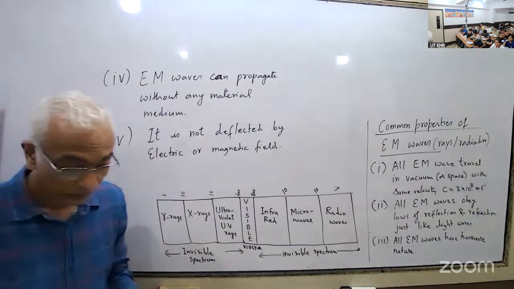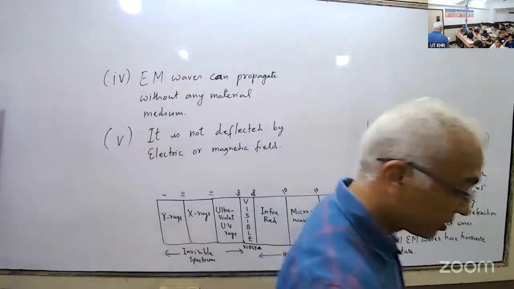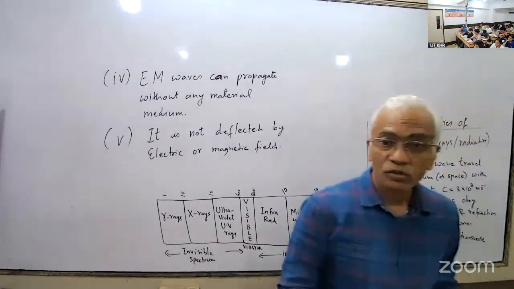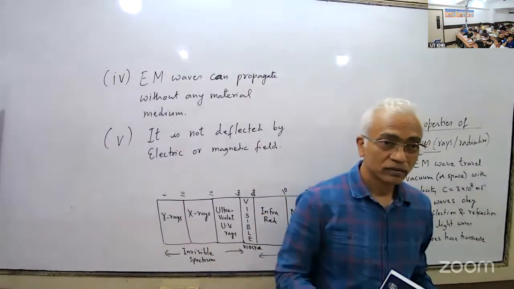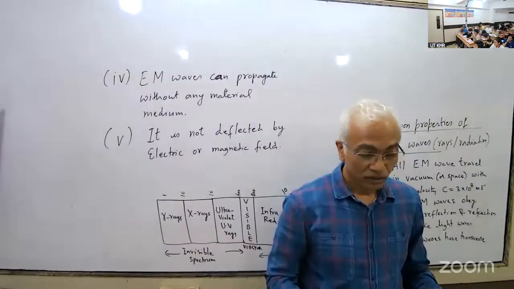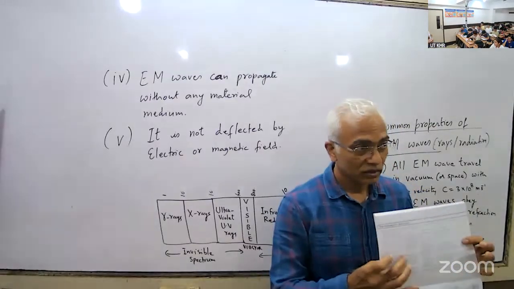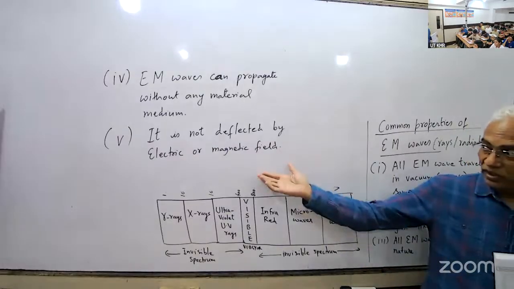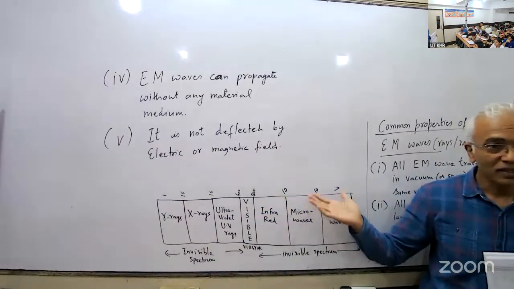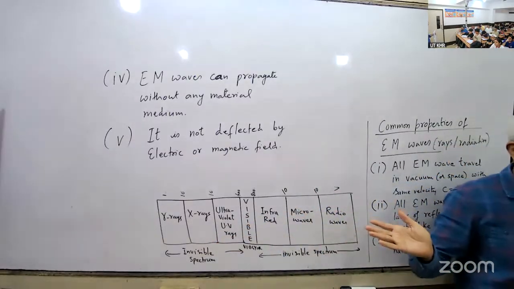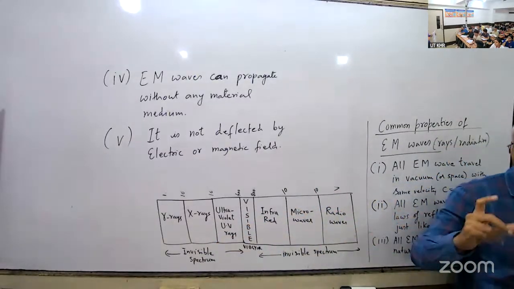How do we detect gamma rays? There are gamma ray detectors. In this table, all these rays are available naturally inside the sun, but we can also reproduce such rays in the laboratory, like for the treatment of cancer.